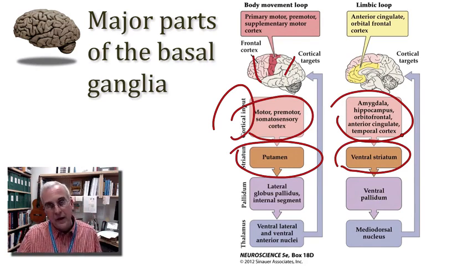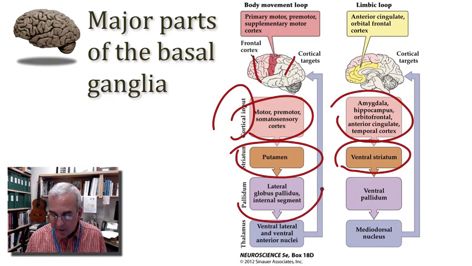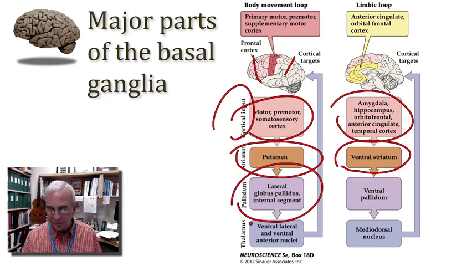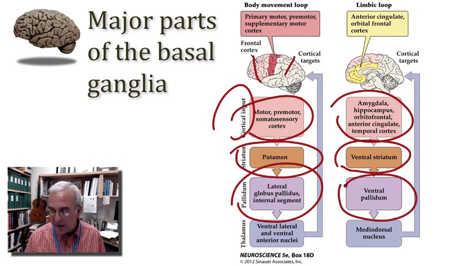Well, the striatum then sends inputs to the pallidum, and for the body movement loop, the pallidum is the globus pallidus, in particular the internal segment of the globus pallidus. For the limbic loop, the pallidal region is called simply the ventral pallidum.